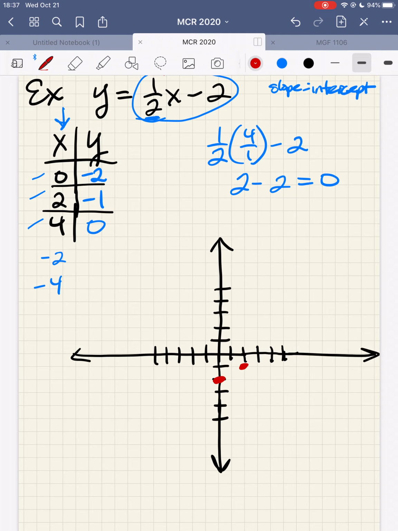And my last point, I go to 4 and I don't go down or up, and these 3 points should line up fairly good, and that gives me my line that I need to draw.